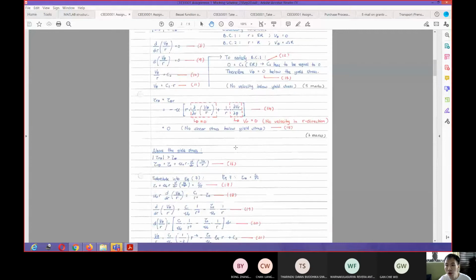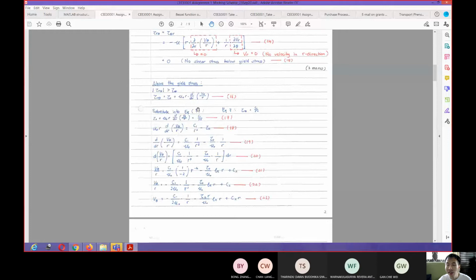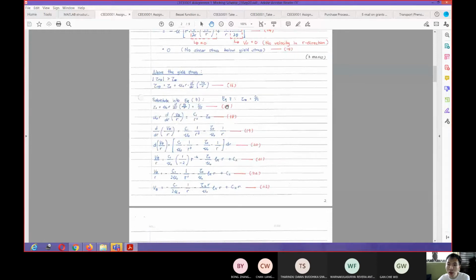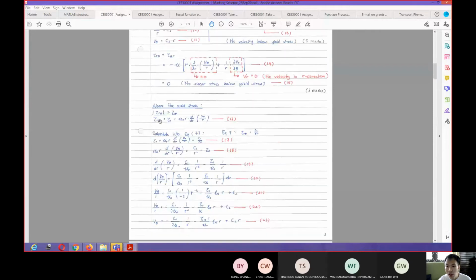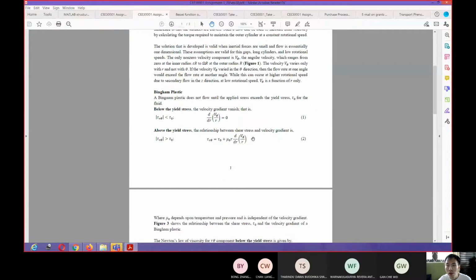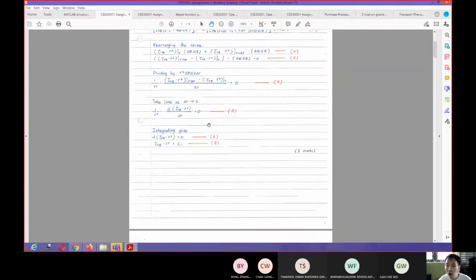We substitute into equation 2. Basically, we substitute the expression that is given in this equation 16 into the equation 7 in here.